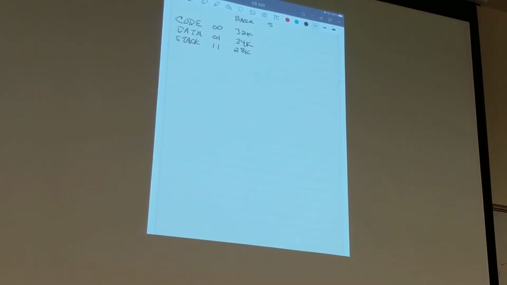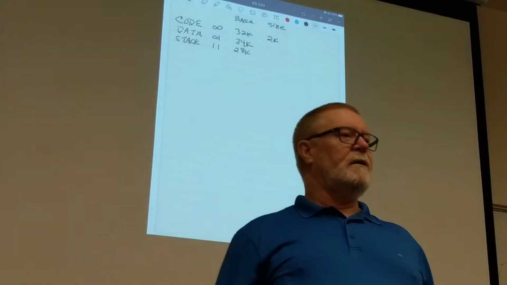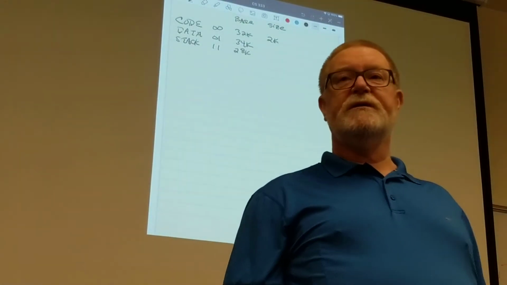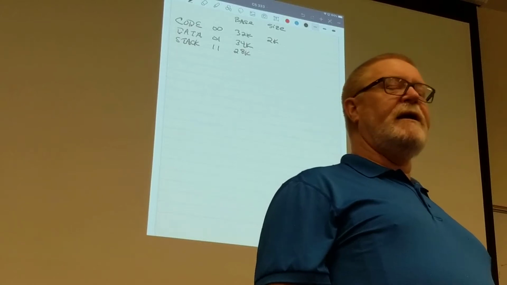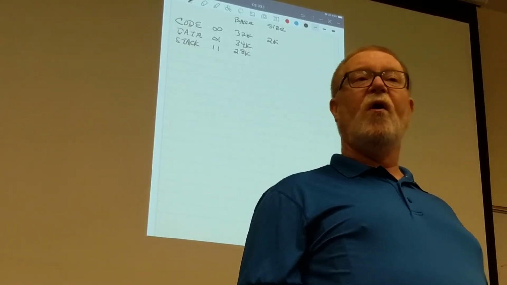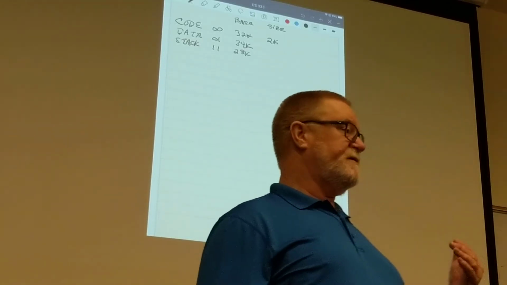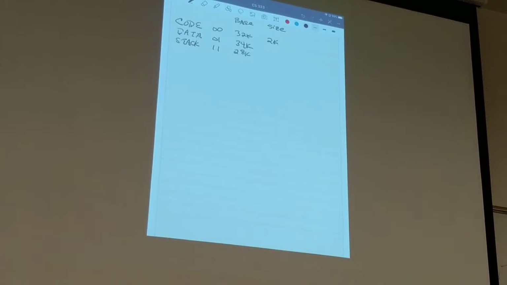The current size, though, is 2K. So even though the maximum segment size appears to let the code grow into the heap, we're only currently using 2K. If we need to grow this, we need to see if there's any segment next to us. If there is, we need to go find a hole someplace else. Which is fine, because all we're going to do is update the base register when we find the hole and set the bounds to the new value.